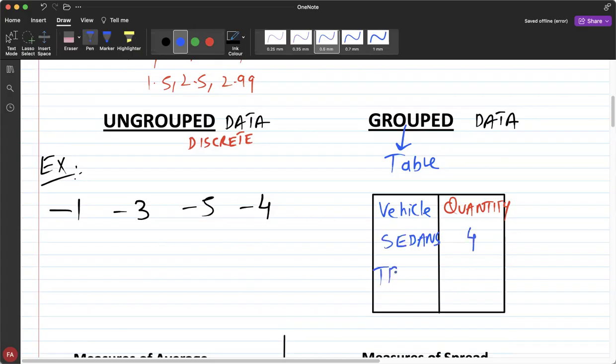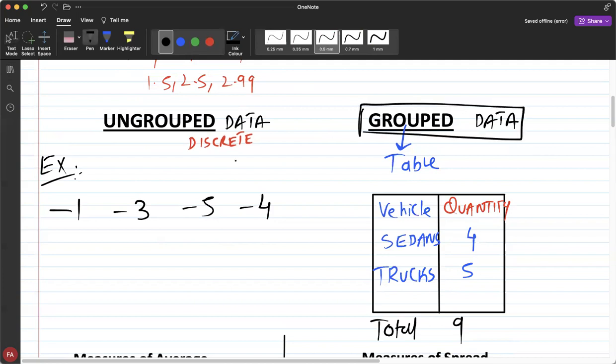Similarly, I'm also discussing some trucks, and let's say we have that as 5. So I could say that we have a total of 9. You can see that instead of listing them as truck, sedan, they've actually put this in a table, which is again more organized. They've classified it into a type. So this classification over here is something that is only possible when it comes to grouped data.